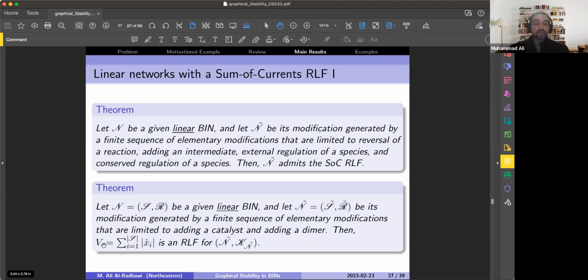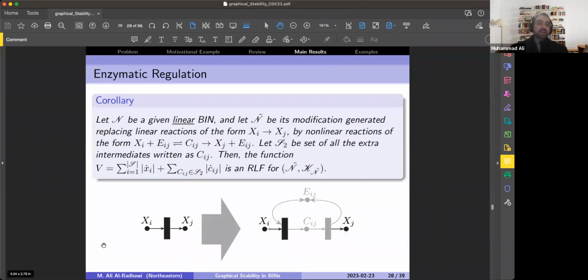And I will show examples of this so that you can see this gives rise to fairly sophisticated and complicated networks. So this is a corollary of the previous results: in any linear network where you have a reaction of the form xi goes into xj, you can convert it into an enzymatic catalysis reaction, and you would still have a Lyapunov function for the new network. So this is the kind of modification that our theorem allows, and it is also very relevant to systems biology.